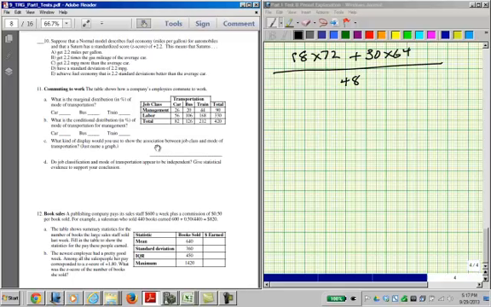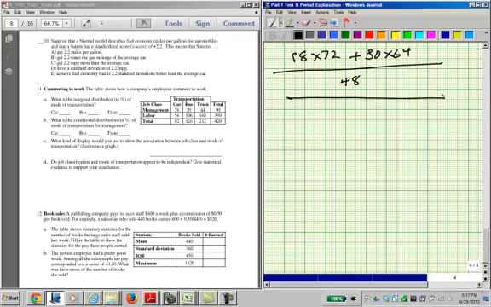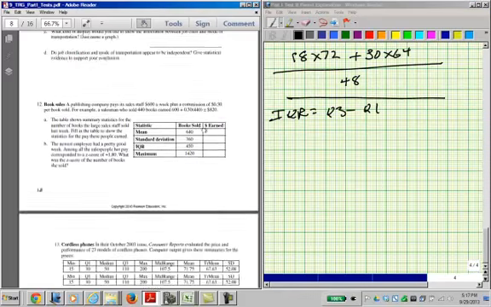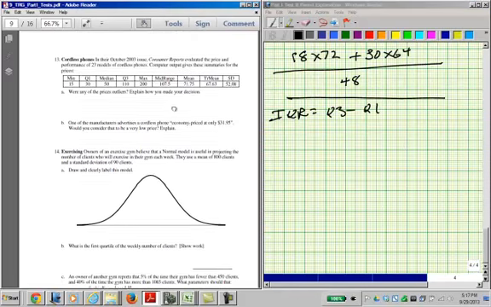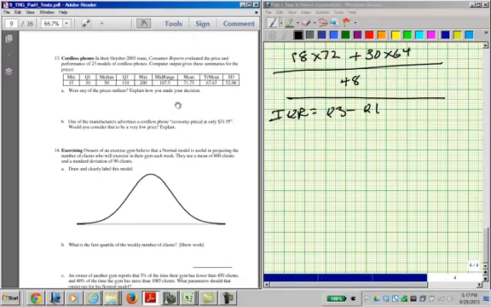Cordless phone, where are the phone's outliers? Okay. Now, the IQR equals Q3 minus Q1. Okay. Here, let's move up to cordless phones here. Q3 minus Q1, which is 80.